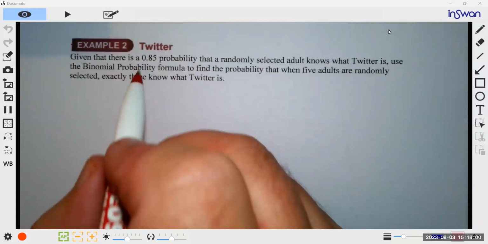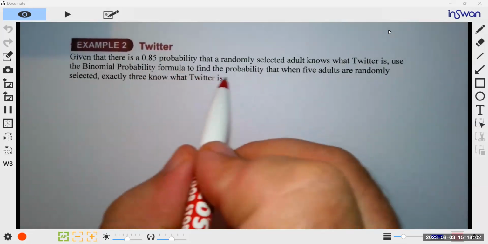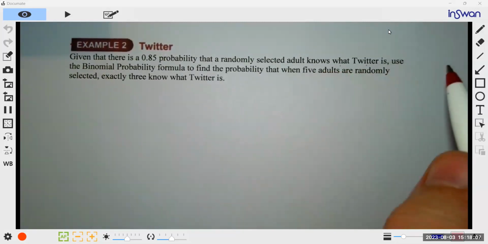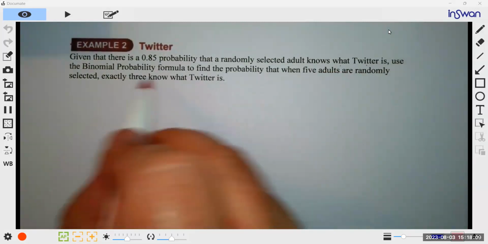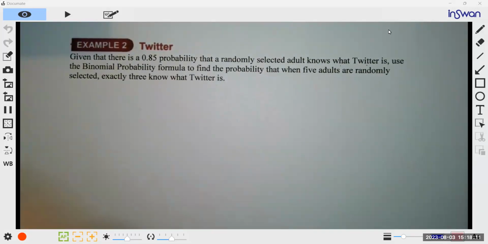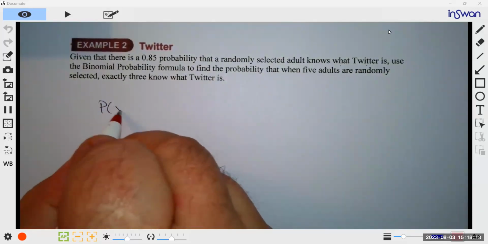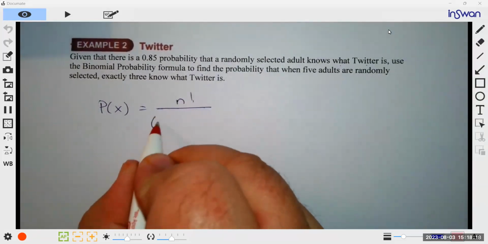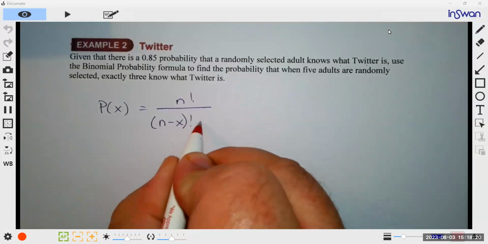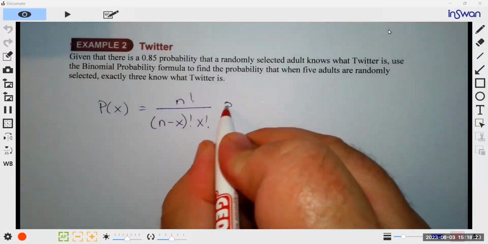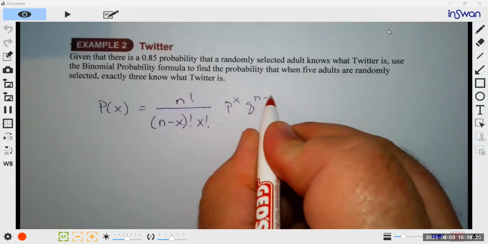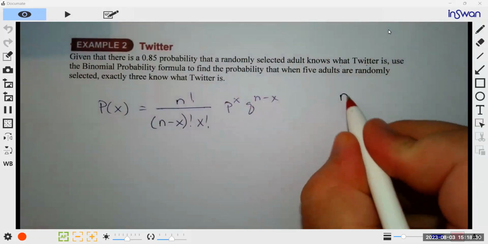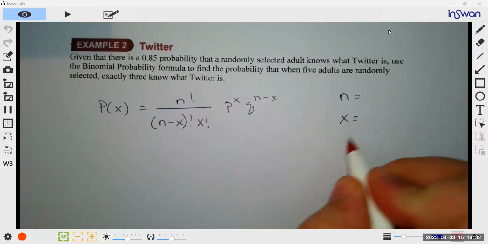Given that there is a 0.85 probability that a randomly selected adult knows what Twitter is, use the binomial probability formula, which is n factorial over n minus x factorial, x factorial, times p to the x, q to the n minus x. So we have to figure out what each of these are.